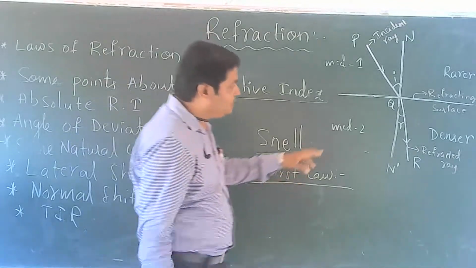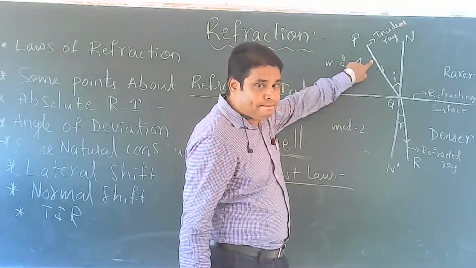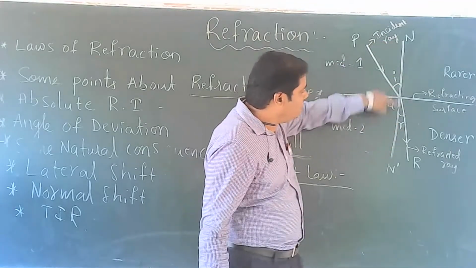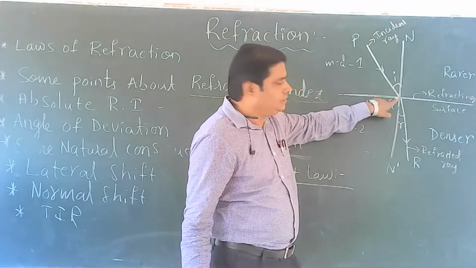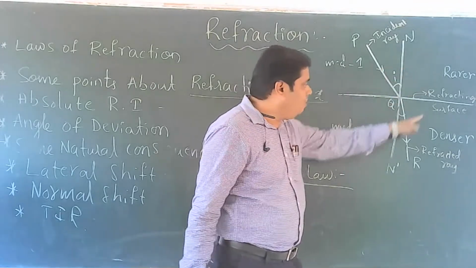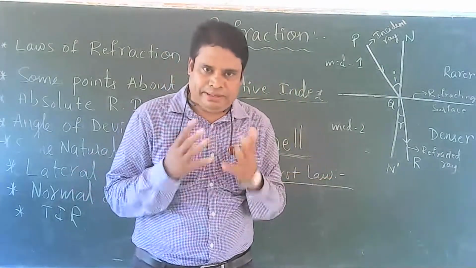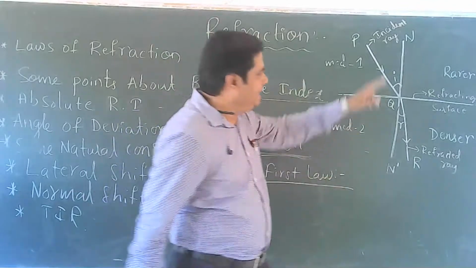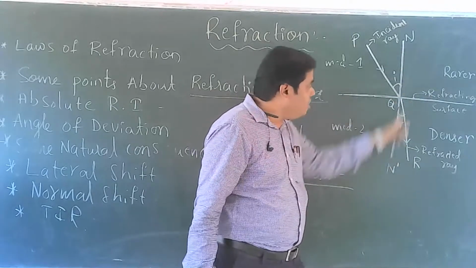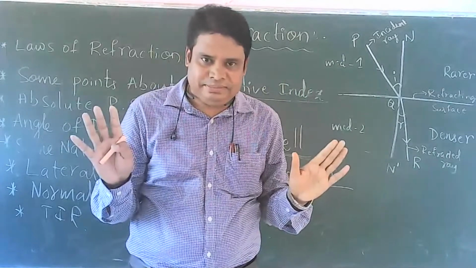According to the first law, the incident ray, refracted ray, and normal drawn at the point of incidence all lie in the same plane. Let me repeat. First law: incident ray, refracted ray, and normal drawn at a point of incidence all lie in the same plane.